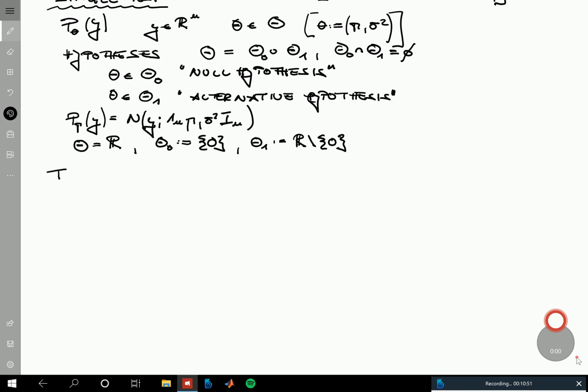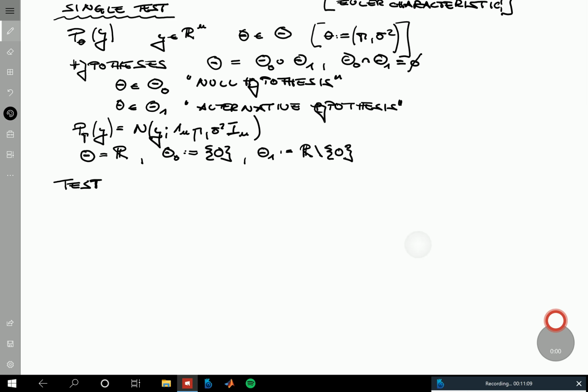And based on this hypothesis scenario, we then can define, actually we can also define tests without this hypothesis scenario, but we can't define test error probabilities without this scenario. So it makes sense to first establish this scenario.